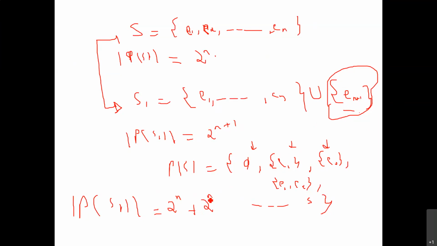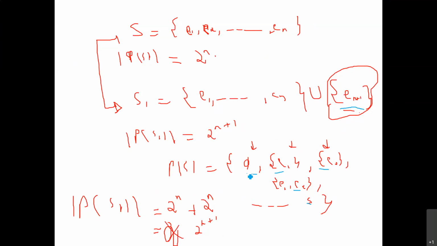Wrap your head around that for a moment. So 2 of these, 2 times themselves, is just 2 power n plus 1. Again, all of these sets didn't have the new element. So if you simply add to each of them the new element, you're done.